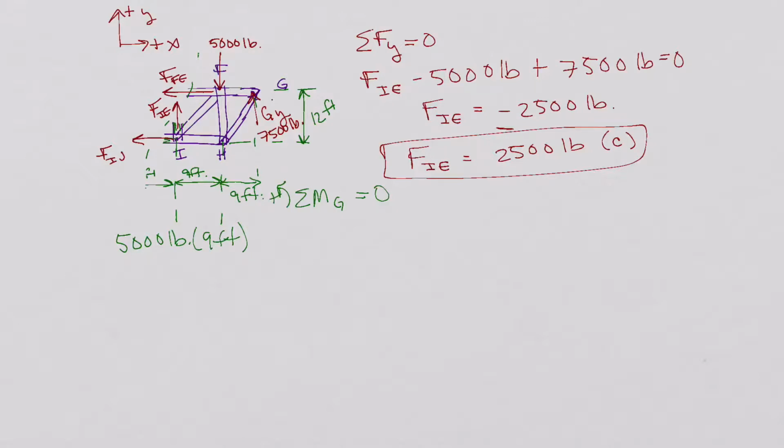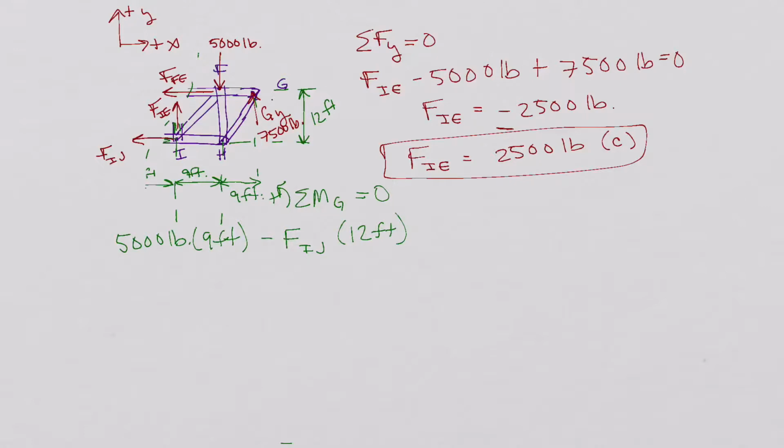We're doing out of the board as positive. And then we have the FE, which is in line with G, so that doesn't produce a moment. We don't have a moment arm there. Then we have FIJ, which would produce a moment, and that's going to be in the negative direction. FIJ, and that perpendicular distance is 12 feet, so times 12 feet.